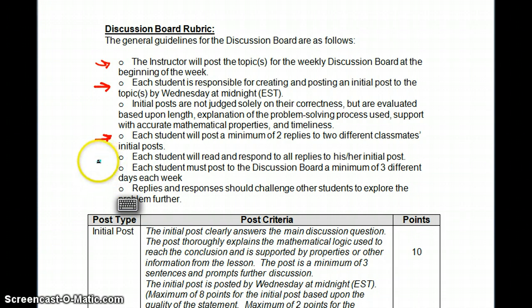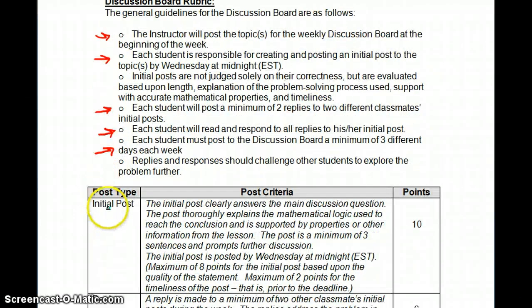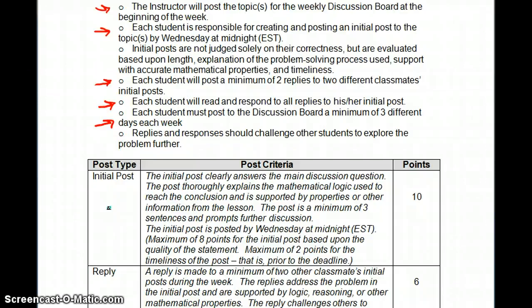You will read and respond to your replies, and then we just want you to post on 3 different days of the week. So maybe Wednesday, Thursday, Friday, or Wednesday, Friday, Saturday, something like that. Okay? Challenge your classmates to explore the problem further. That's the purpose of the discussion board, is to further our learning and deepen our knowledge.